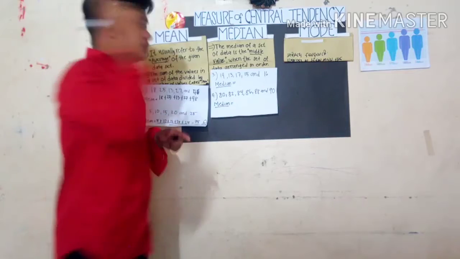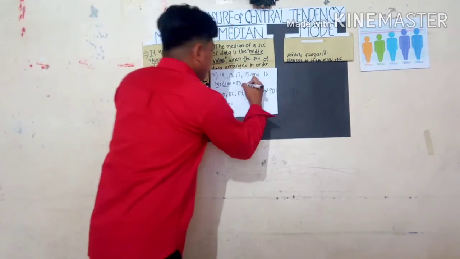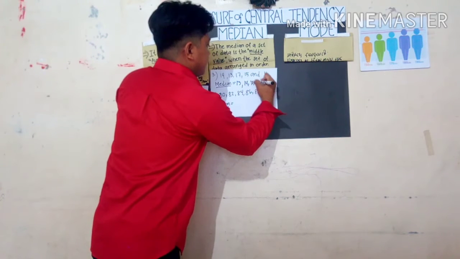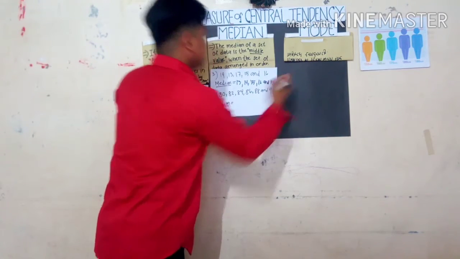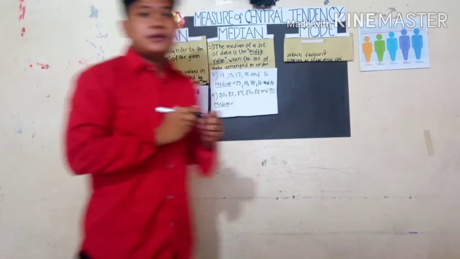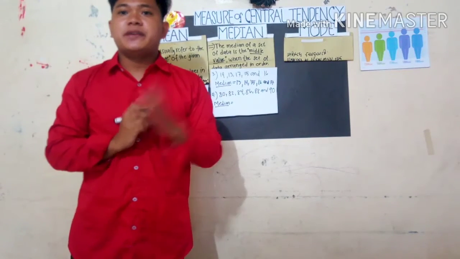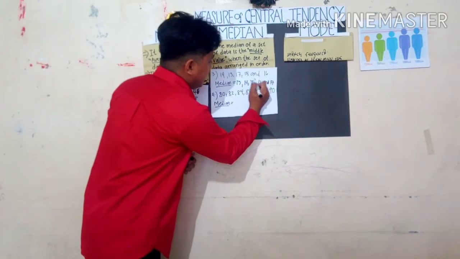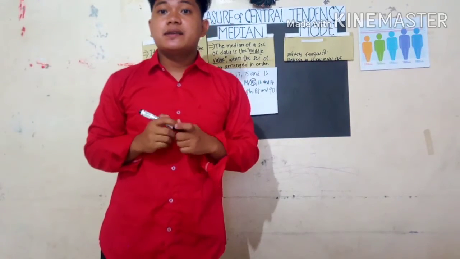Yes, we have 13, next 14, 15, and 16, and 17. So from this arrangement, who could guess our middle value? Yes, very good. It's 15 because 15 is placed in the middle of the set of data.